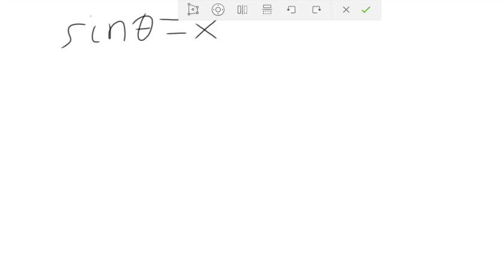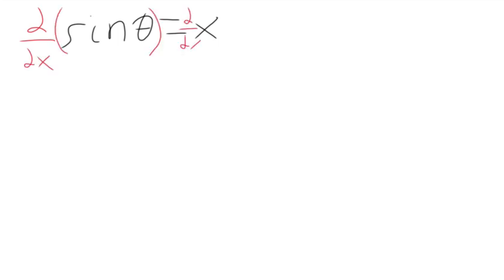And now we have a function that we know how to differentiate, so I will take d dx on both sides. Take d dx here, and I'll take d dx here. On the left side, well, the derivative of sine of some function is cosine of the same function, but we can't forget about the chain rule, so we have to multiply by the derivative of the inside function.